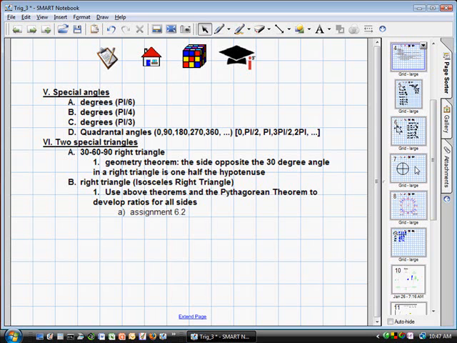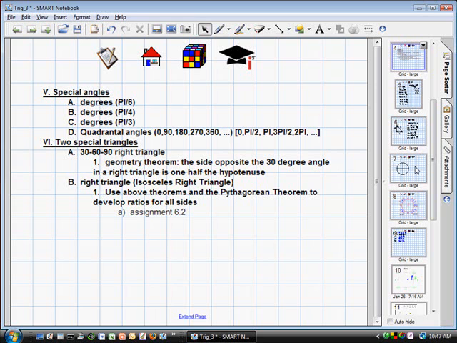So let me get an assignment here, page 472. One to 25, the odds.